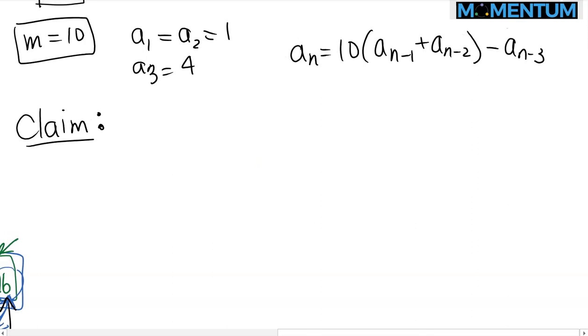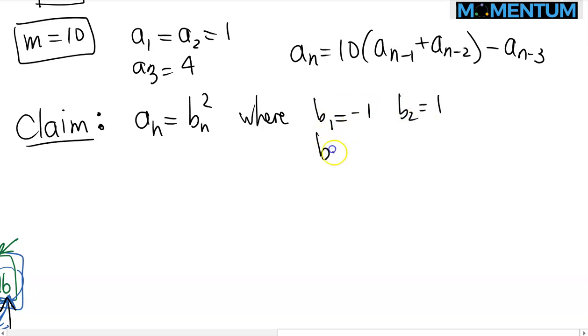Then the claim is the following. I claim that a sub n is the square of this other recursive sequence b sub n, where b sub n is given by the following initial conditions. Let me first write down the initial conditions. b sub 1 is minus 1, b sub 2 is 1, and the recursion is b sub n equal to 3b sub n minus 1 plus b sub n minus 2, I believe.